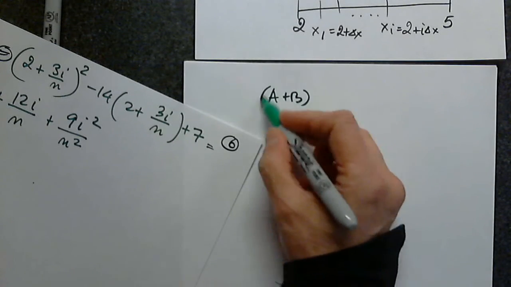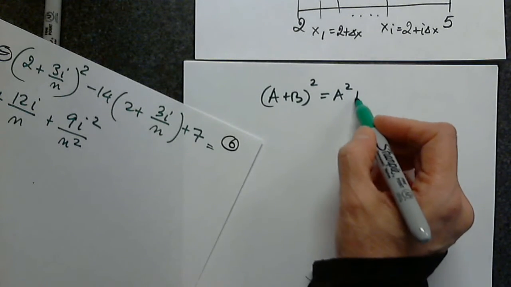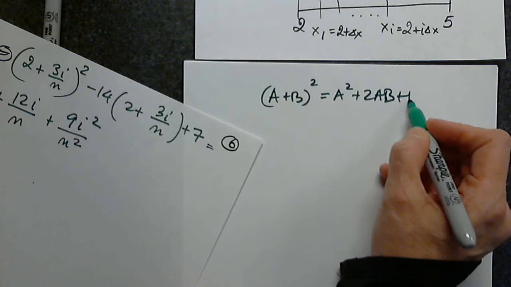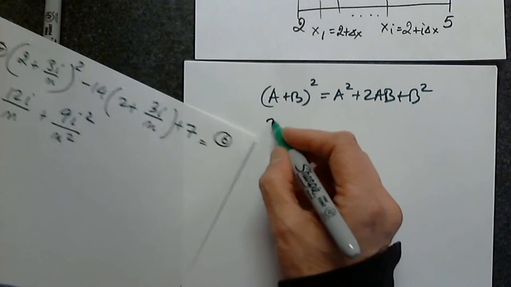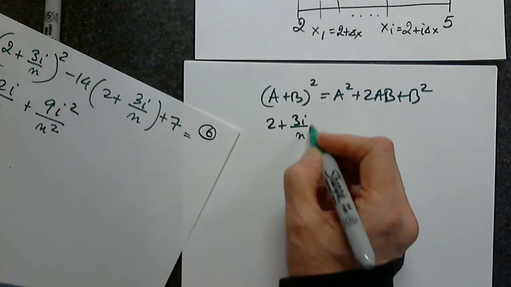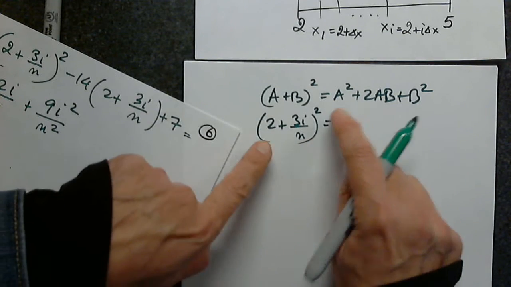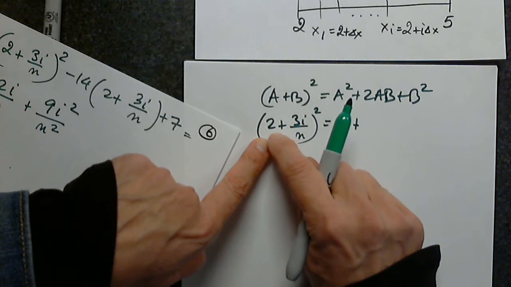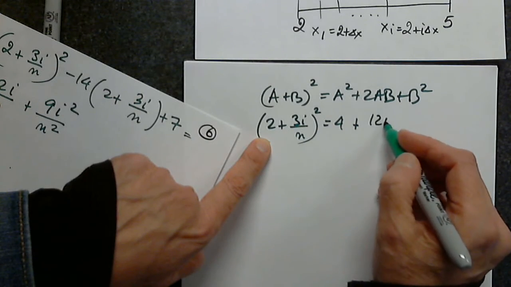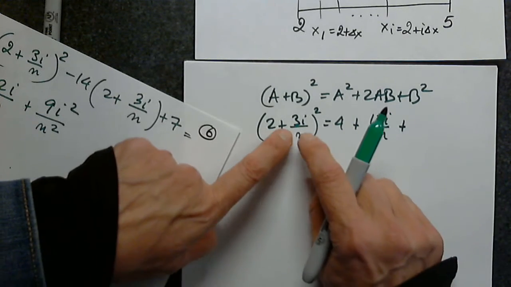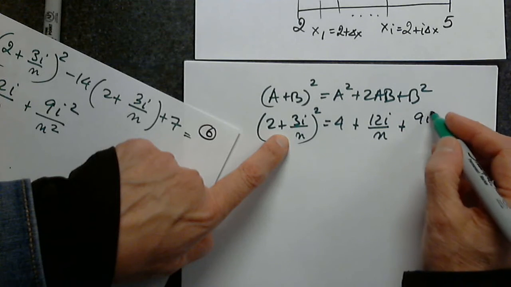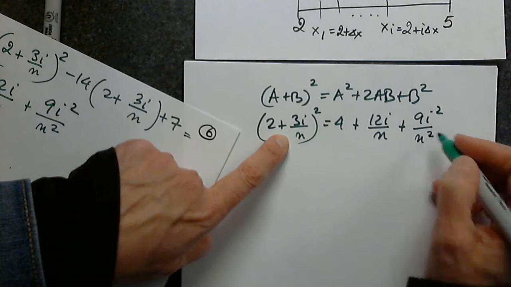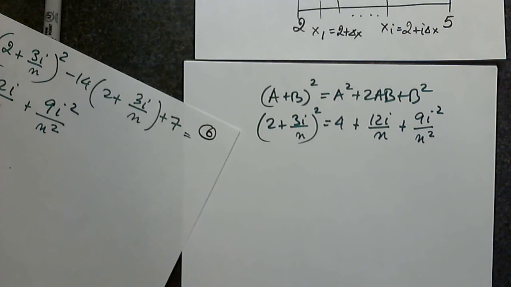A plus b squared is a squared plus 2ab plus b squared. I'd rather do it one more time. So the first term squared is 4, plus 2 times 2 times 3 is 12i over n, plus the second term squared, 9i squared over n squared. Better? Yes. Very good.